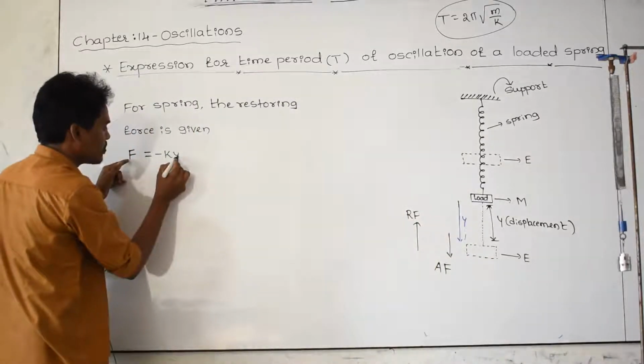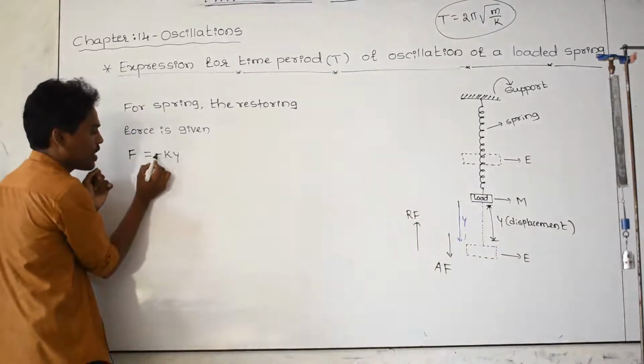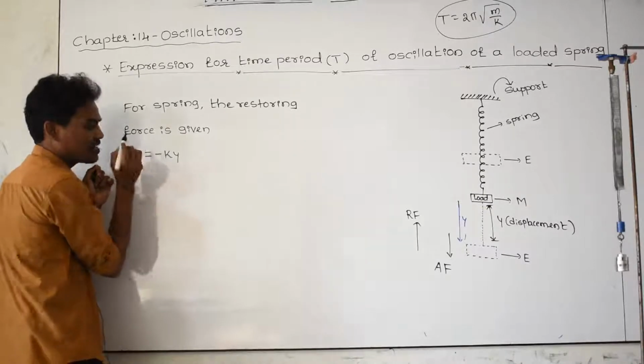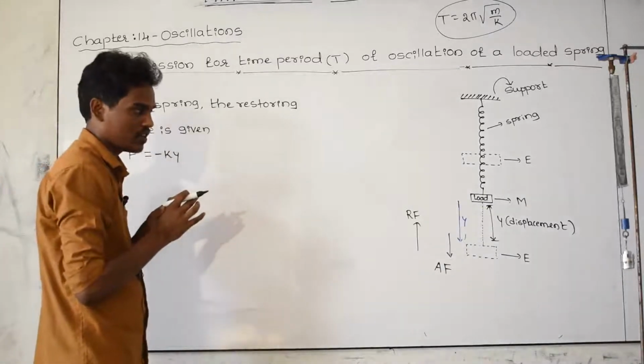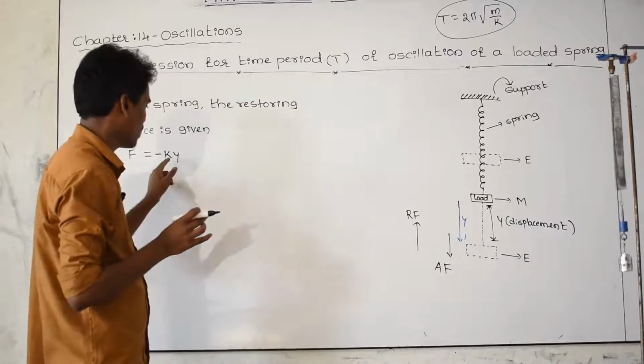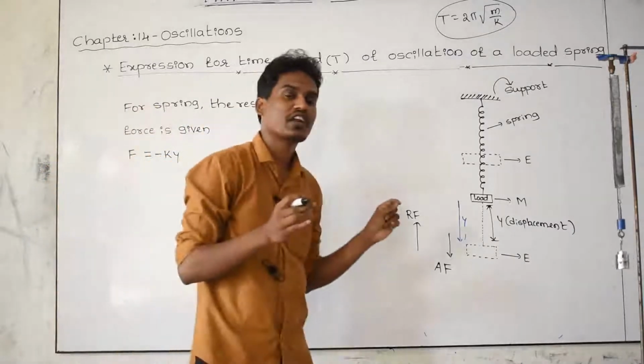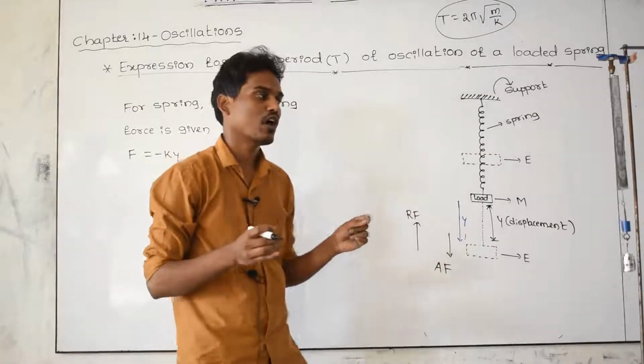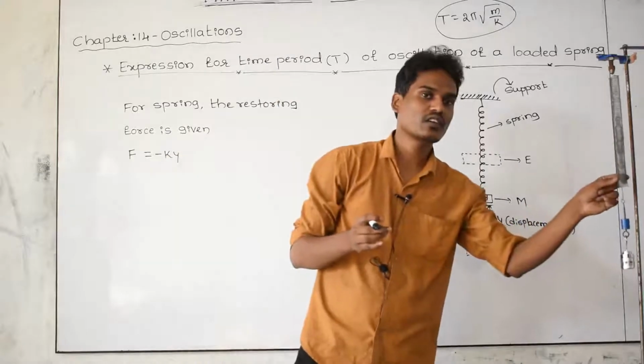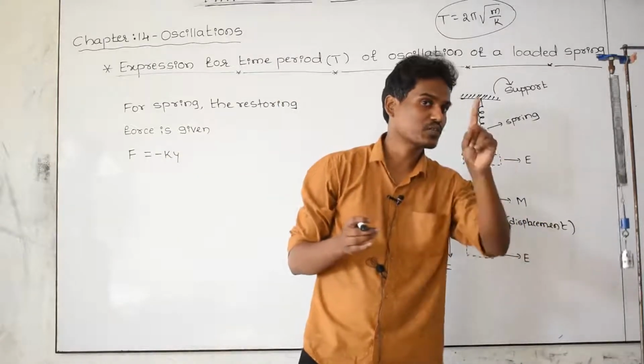Restoring force and displacement are in opposite directions, that's why the minus sign. And k is a constant. K is also a force. What is k? It is the force required to apply on the spring in order to produce a displacement equal to 1 meter.